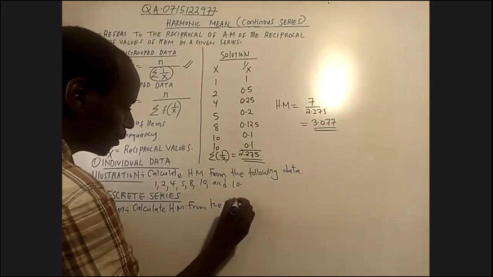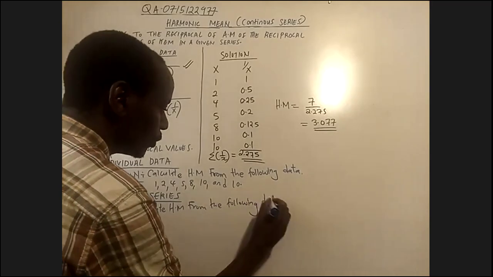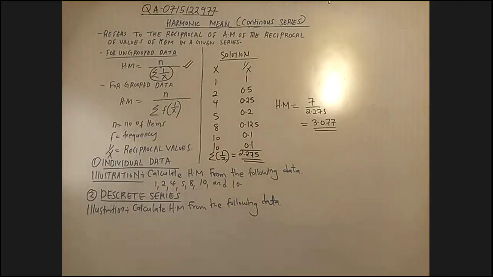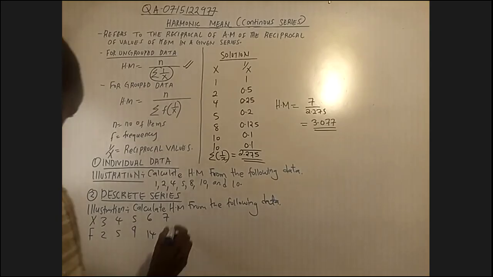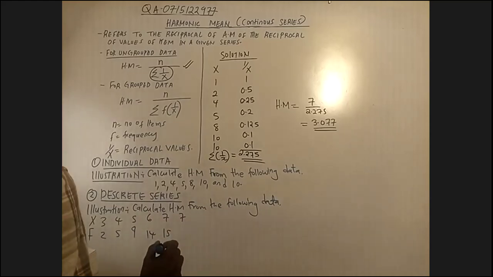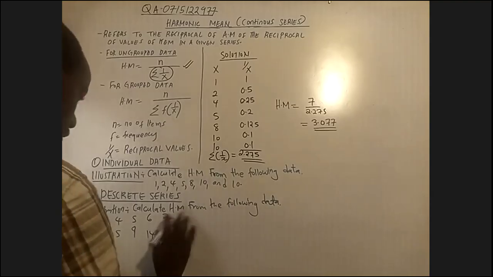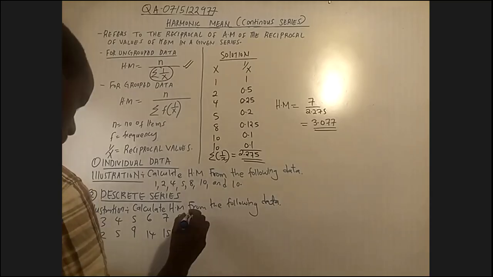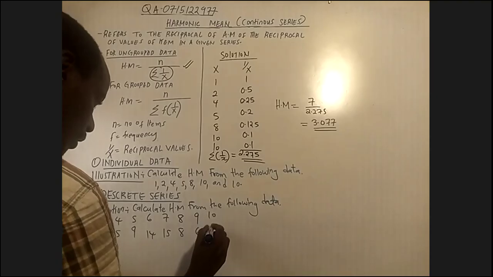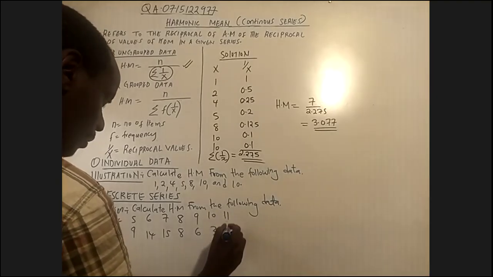We have x, and then you have frequency. x is 3, 4, 5, 6, 7, 8, 9, 10, 11 with frequencies 2, 5, 9, 14, 15, 8, 6, 3, 1.